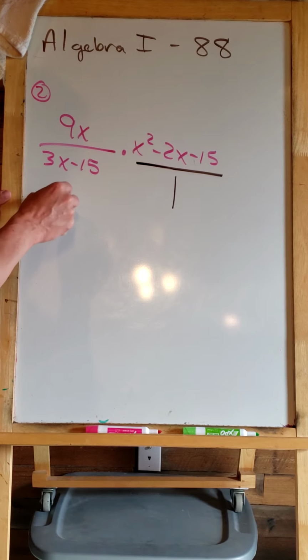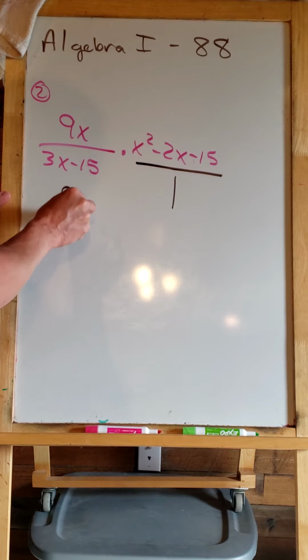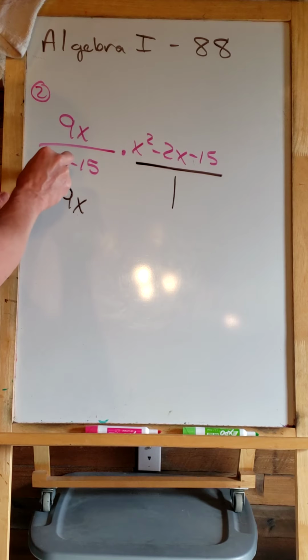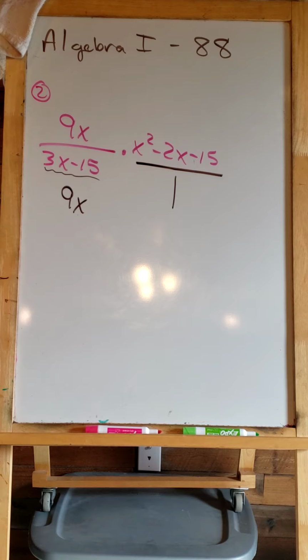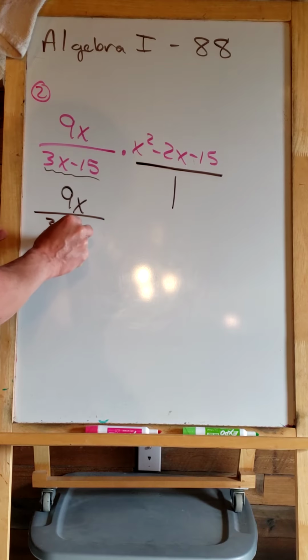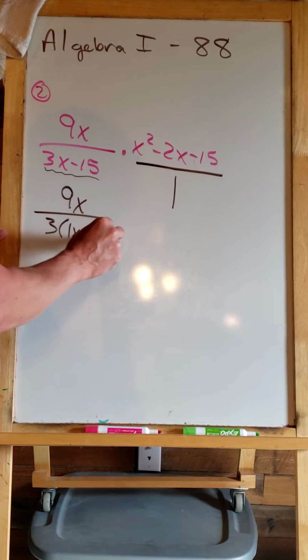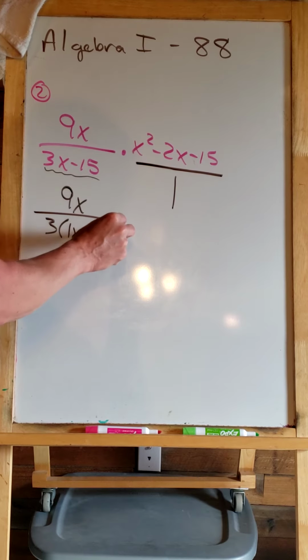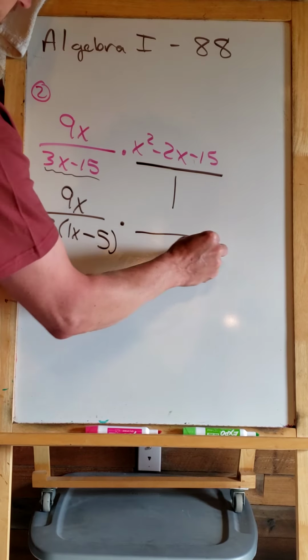Now, what can I take out of that one? A 3. So I end up with 3. 3 divided by 3 is 1x, minus 15 divided by 3, 5. So we're starting to simplify, okay?